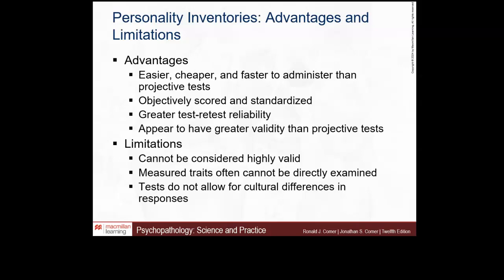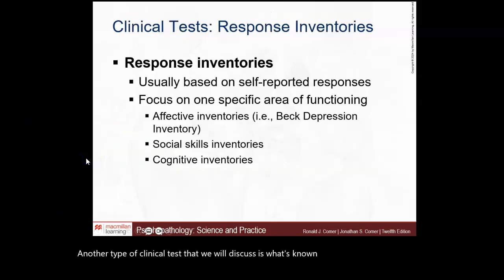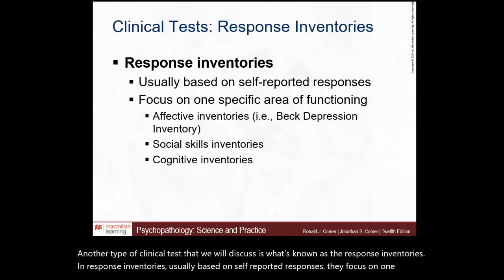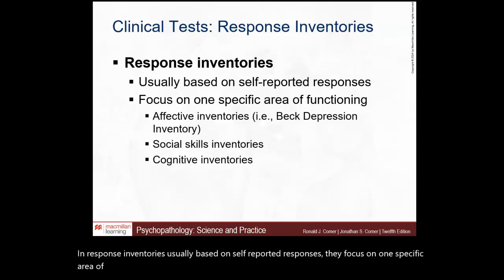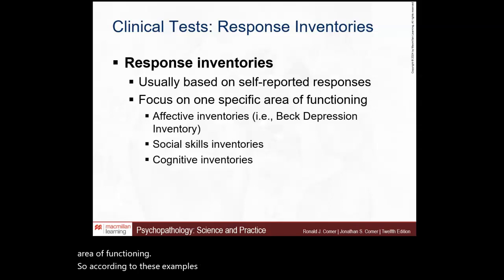Another type of clinical test that we will discuss is what's known as the response inventories. In response inventories, usually based on self-reported responses, they focus on one specific area of functioning. So according to these examples, they measure affective inventories, social skills inventories, as well as cognitive inventories.